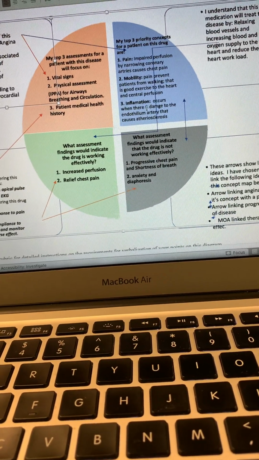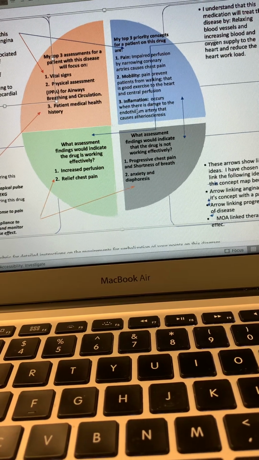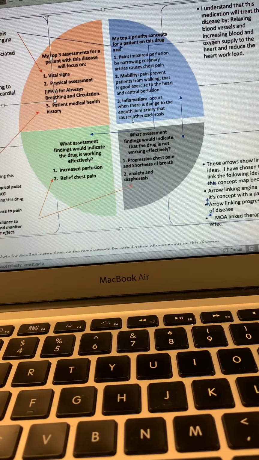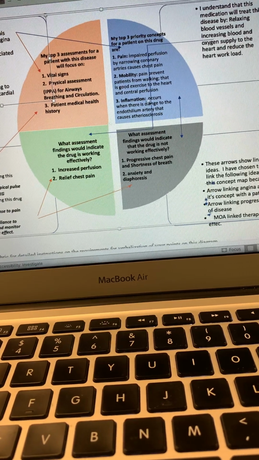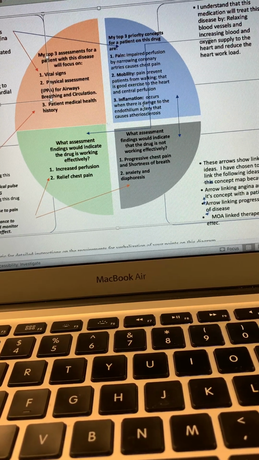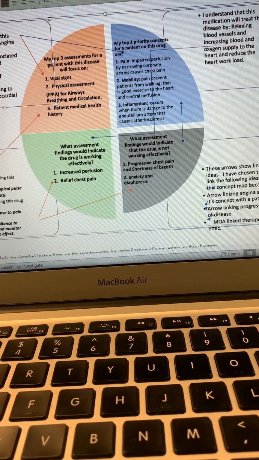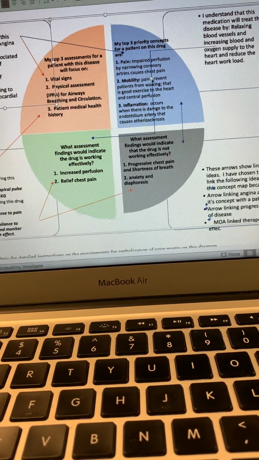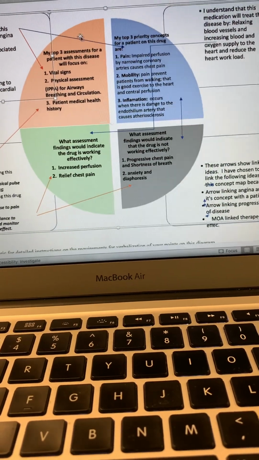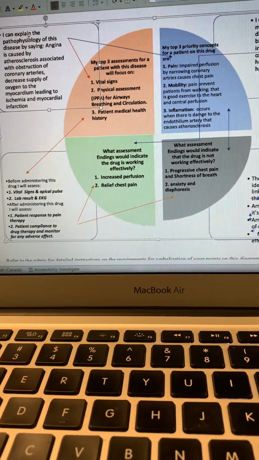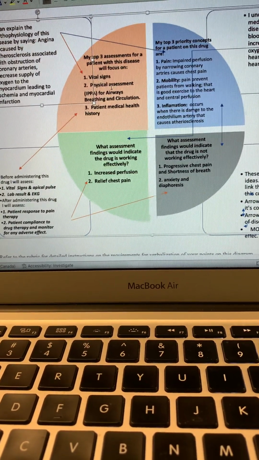Then we also have inflammation. Inflammation is when the endothelial artery is damaged, which causes arteriosclerosis. When the endothelium is damaged and there's inflammation, you are also going to have pain. So it's all connected.